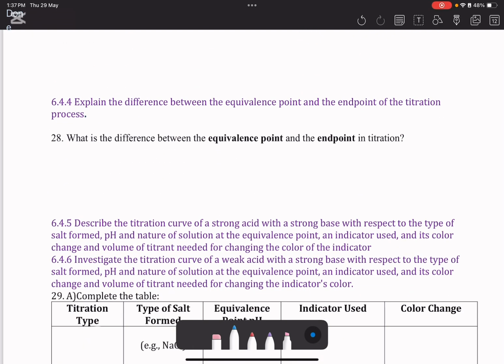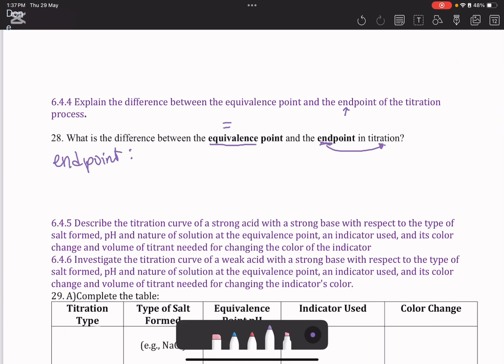Explain the difference between equivalence point and end point. Like the word is saying, end means stop. Equivalence point is something equal. So the end point of titration is the point at which the titration should stop, and that is when the indicator changes color.